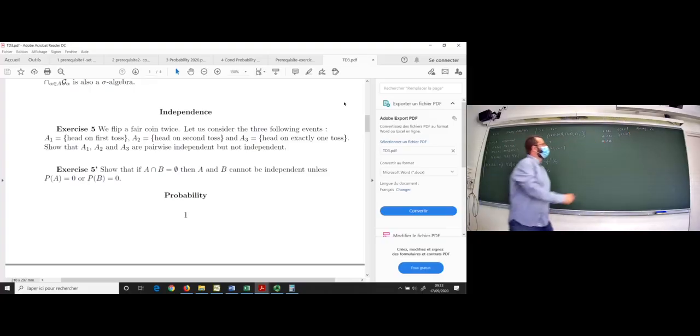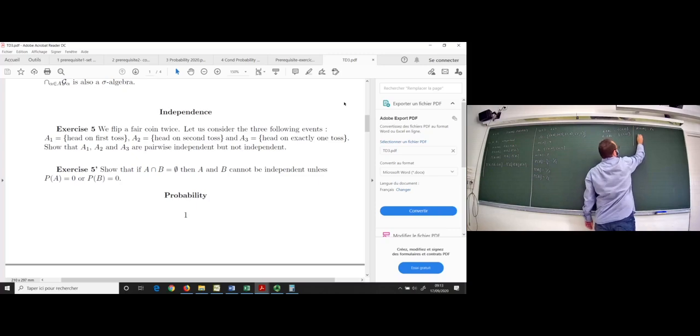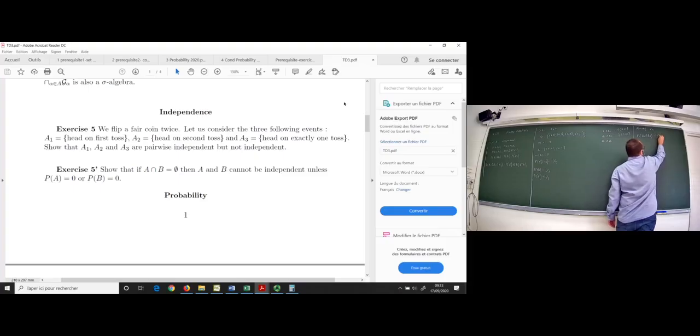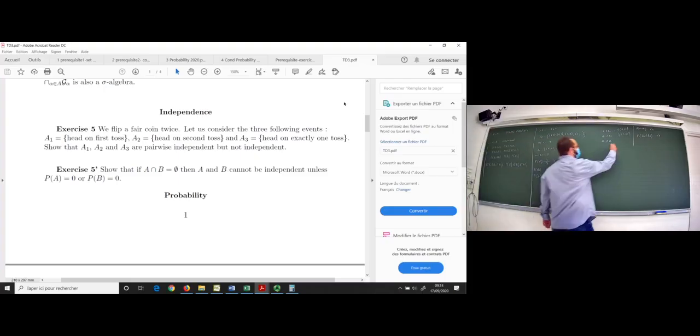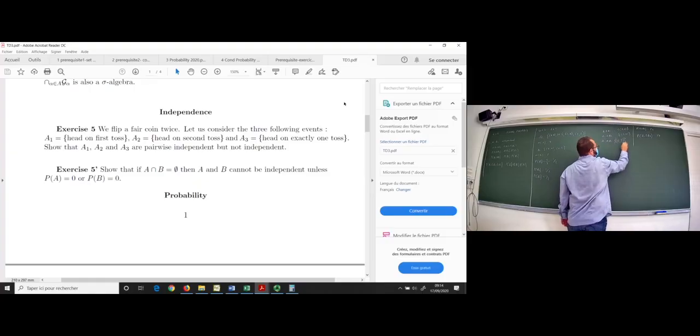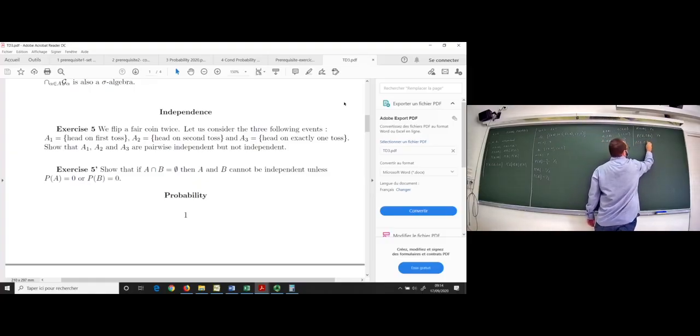And so the probability of A2 intersected with A3 is equal once again to 1 over 4. And for the last, head on the first and exactly 1, it means that it is head, tail. And once again, the probability of A1 intersected with A3 is equal to 1 over 4.